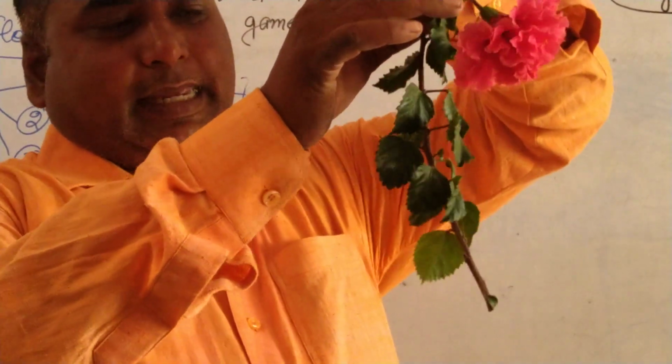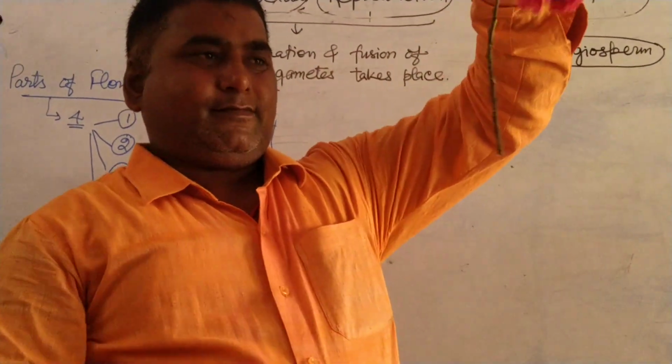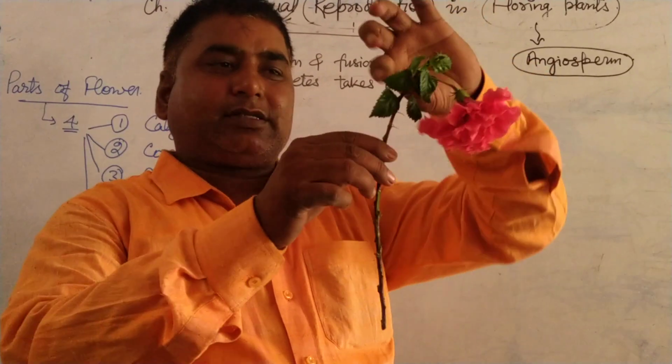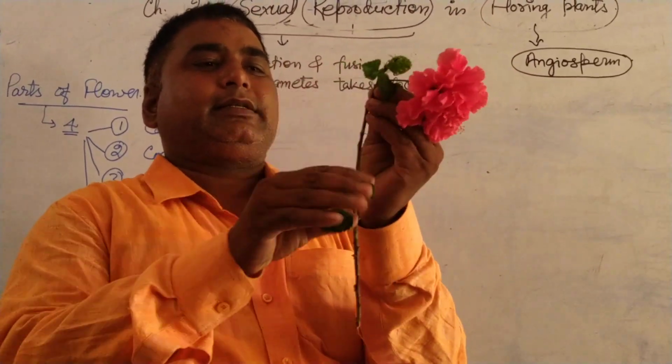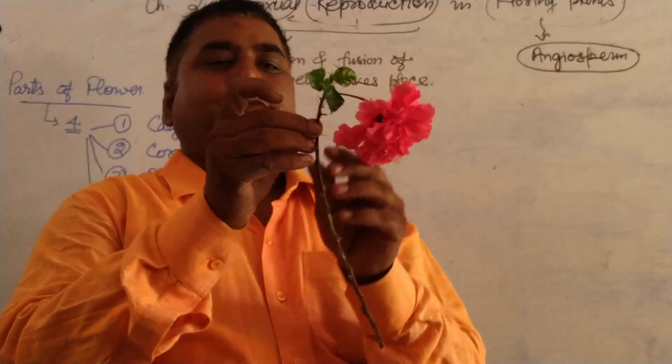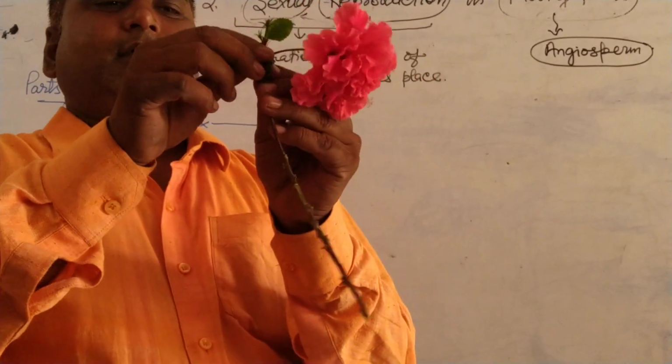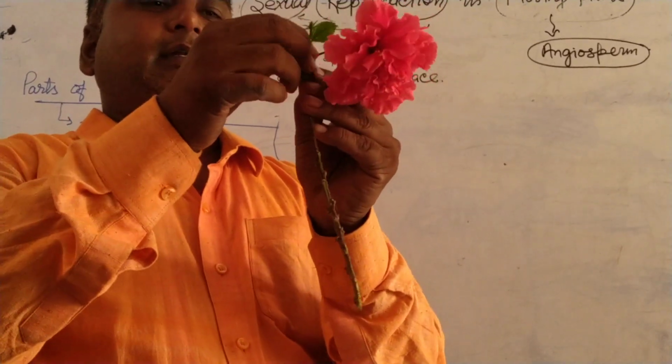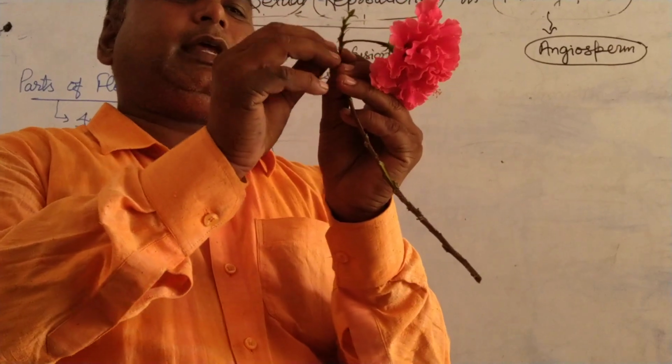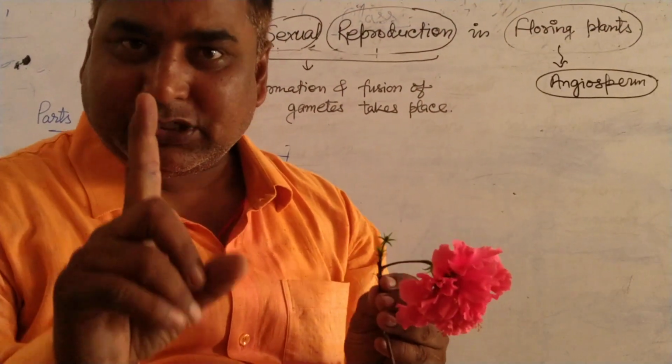This is the stem, this is the leaf, and this is the flower. Okay? Now see carefully. What is this? These are leaves. And what is this? This is the flower. Okay? See here. I am telling you now that flower is a modification of stem.